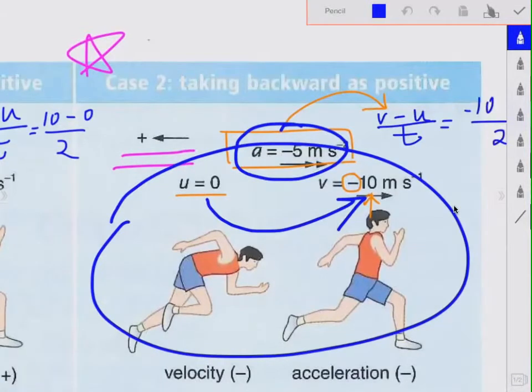Therefore, I remind you once again, the sign of acceleration does not mean it is accelerating or decelerating. Decelerating means slowing down.